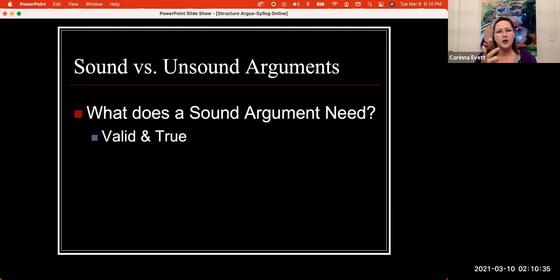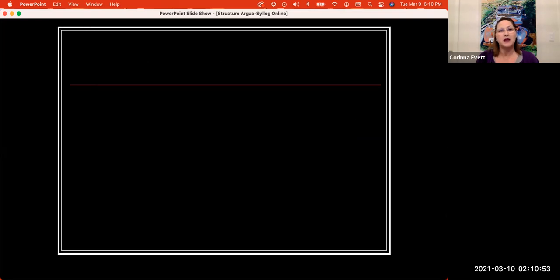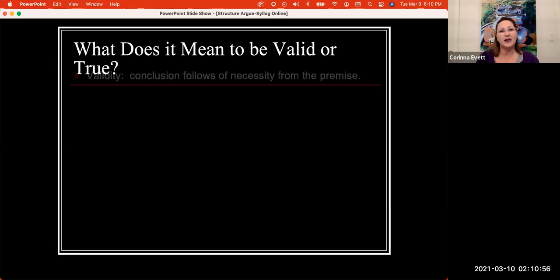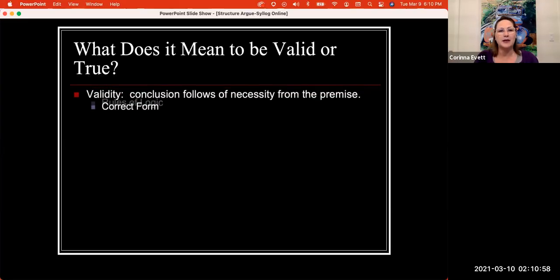Are they true? Are they logical? Or in and of itself, can you tell just off the bat that it's untrue or invalid? Validity has to do with the strength of the reasoning, and the truthfulness has to do with the acceptability of each reason or premise.